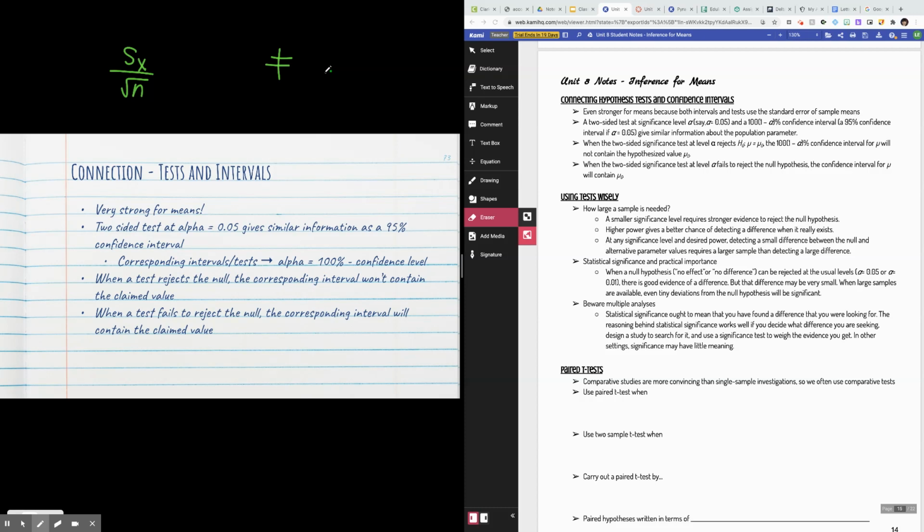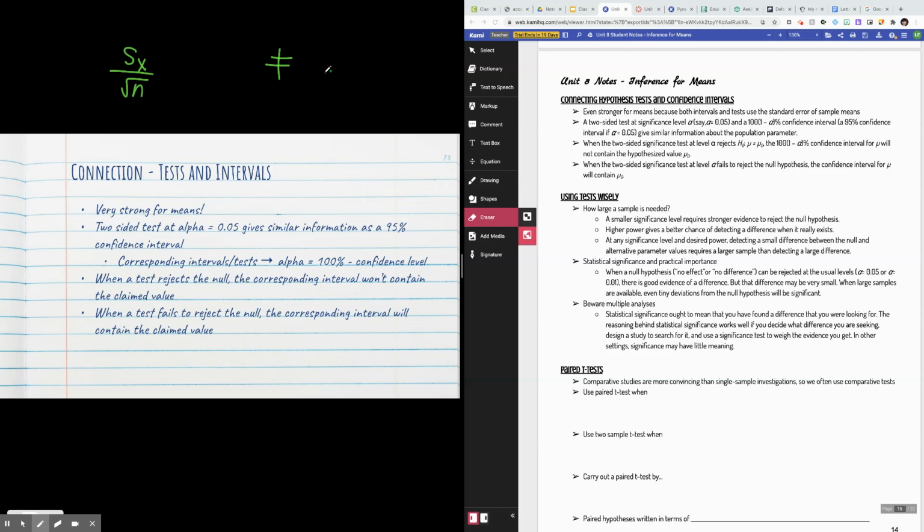Another important connection is that when a test rejects the null hypothesis, the corresponding interval won't contain the claimed value, which I hope intuitively makes sense. If our assumption is not true, then the interval would be really far off from that value, so the corresponding interval shouldn't contain the claimed value.